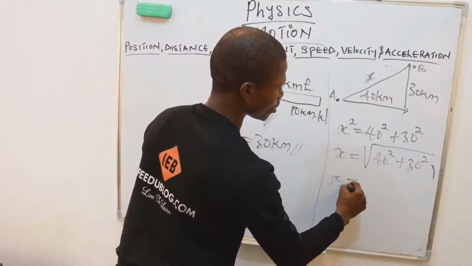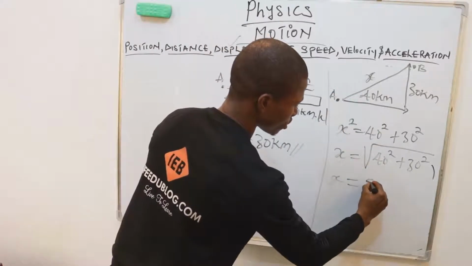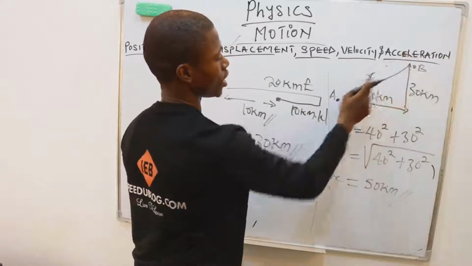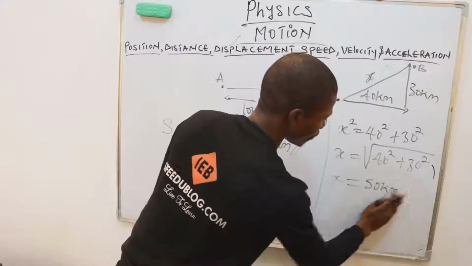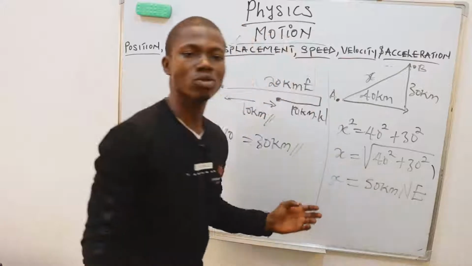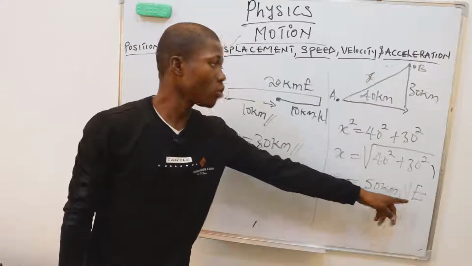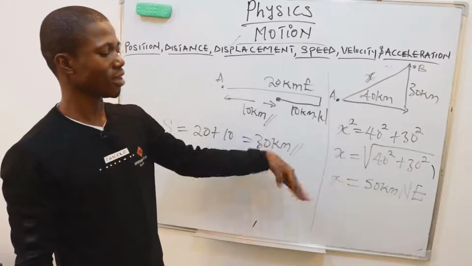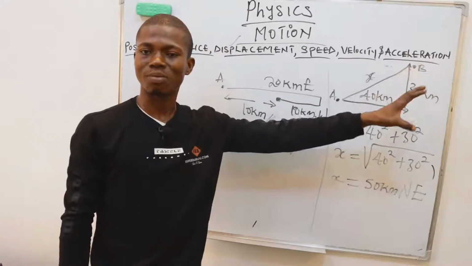If you solve this out, you get that x is 50 kilometers, 50 kilometers north east. This is how to find the displacement, and once you find the displacement, you show the direction in which it goes. But assuming it is distance, it is just 40 plus 30, with no direction.